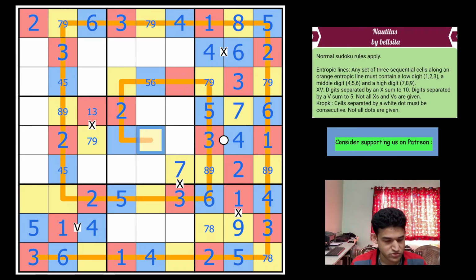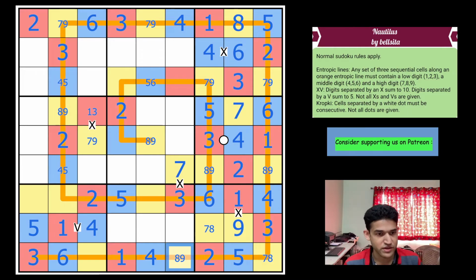And this yellow cell must be 8, 9. I may be missing something very simple here, but let's see what I'm missing. 5, 6, 7, 2.